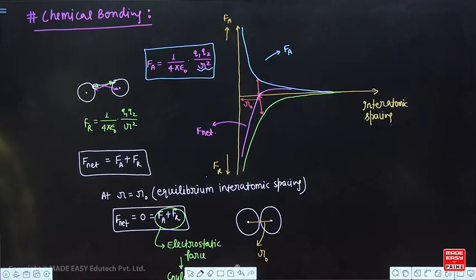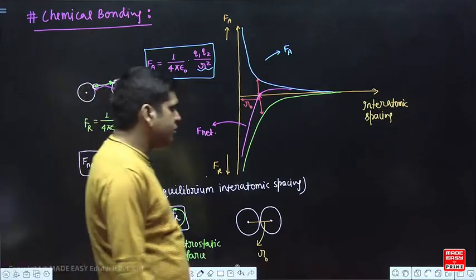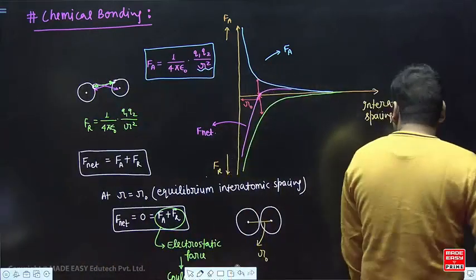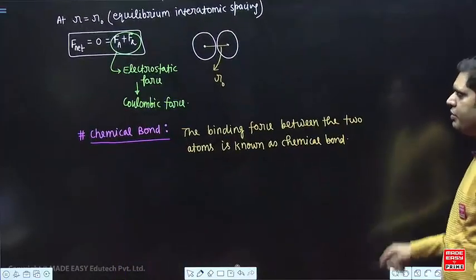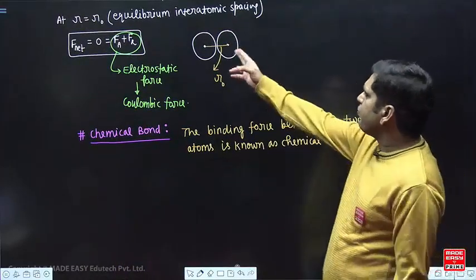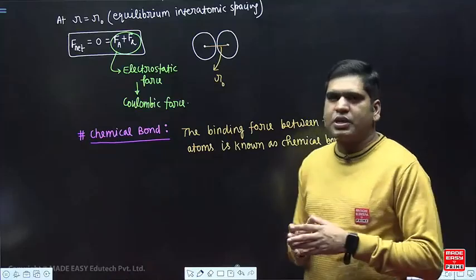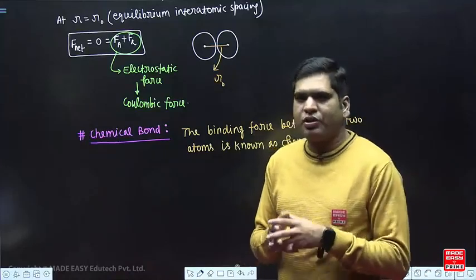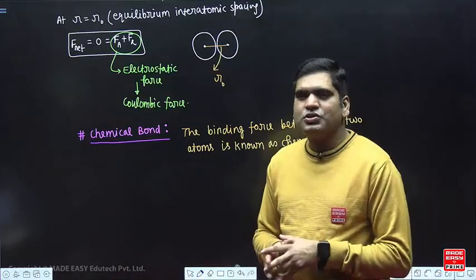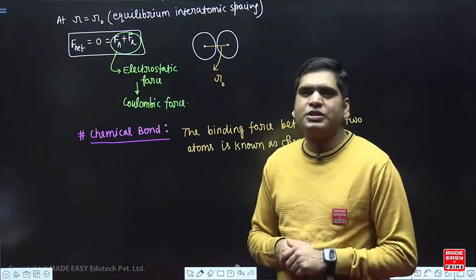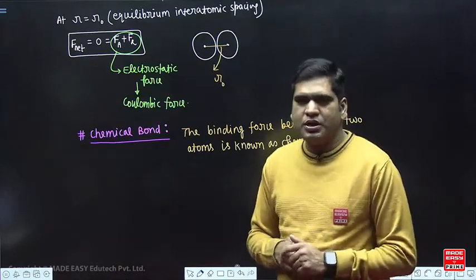Now you see, my dear friend, in the last class I told you that when any system is stable, its energy will be minimum, and at this point both of the atoms are in stability. They are not going away, they are not coming closer, they have become stable. So at this point their energy should be minimum.